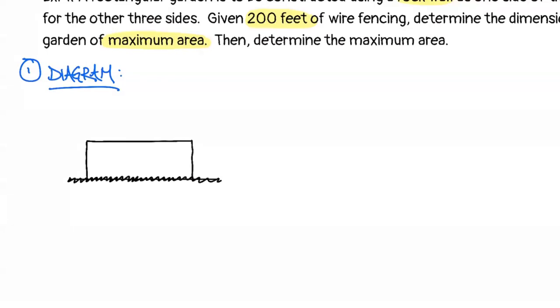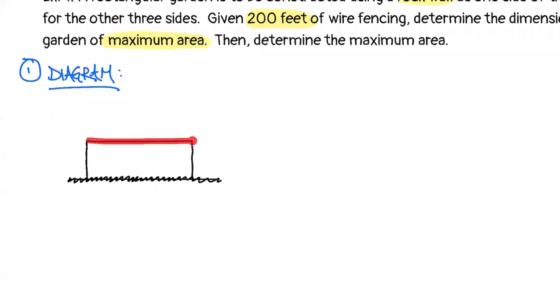I would also label a diagram. So this right here is great, but I don't think that it's the most useful diagram because I haven't said this is the length, this is the width, or anything like that. Okay. Now, I'm going to go ahead and label this. It doesn't matter which one you call which.